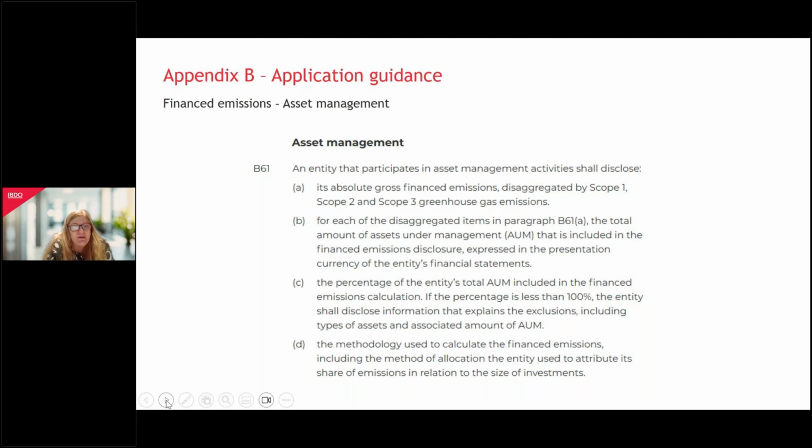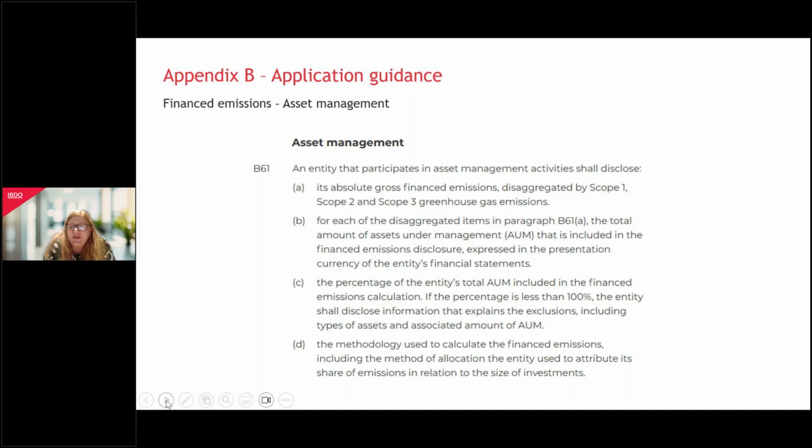And this is really important: your absolute gross financed emissions between Scope 1, 2, and 3, for each of the disaggregated items that you've listed above for Scope 1, 2, and 3, and the total amount of assets under management that is included in the financed emissions disclosures, expressed in the presentation currency of the entity's financial statements. So really looking at it very carefully.